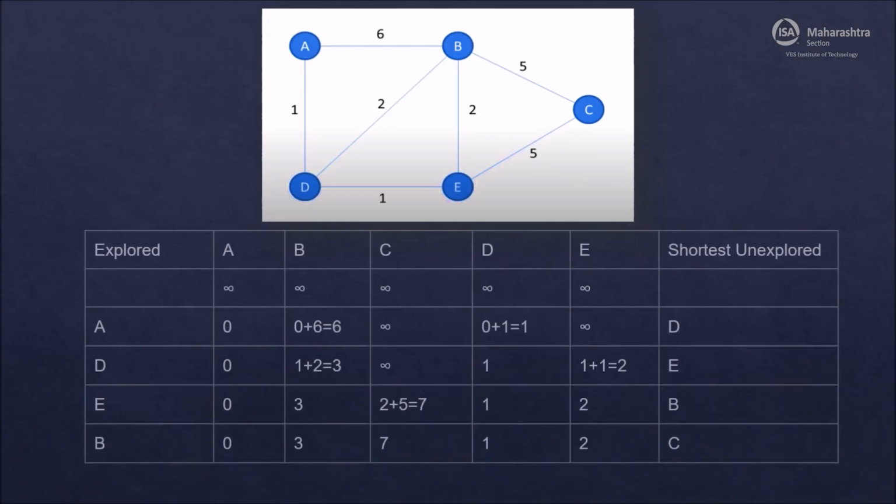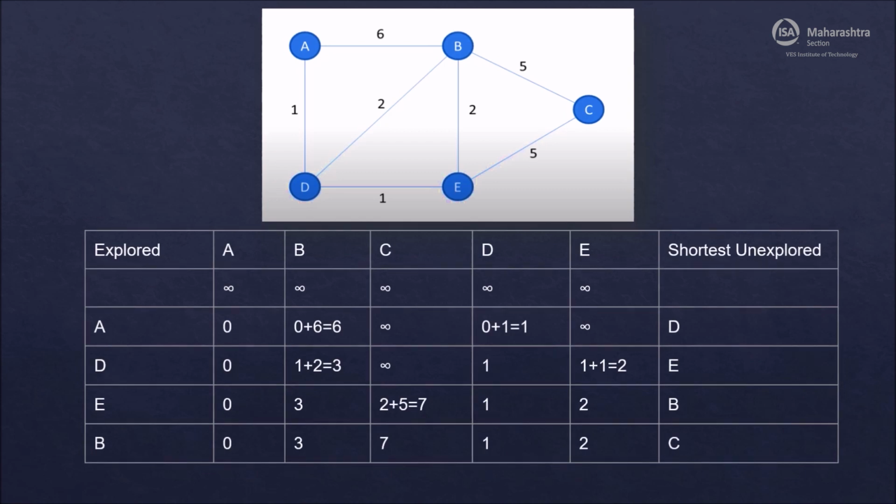So again for B, we have to calculate the direct distances. As node A, D, E and B are having minimum distances, so now we are going to calculate for node C from B to C. So the minimum value of B is now 3. So from B to C, the value will be 3 plus 5, which is equal to 8, which is greater than 7. So we are going to keep it as 7.